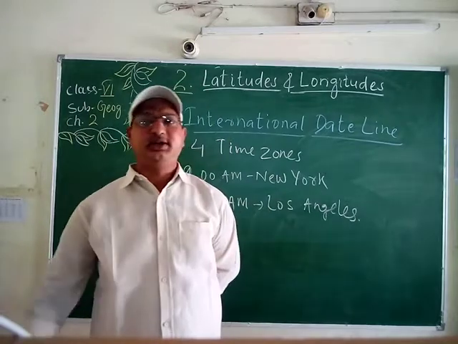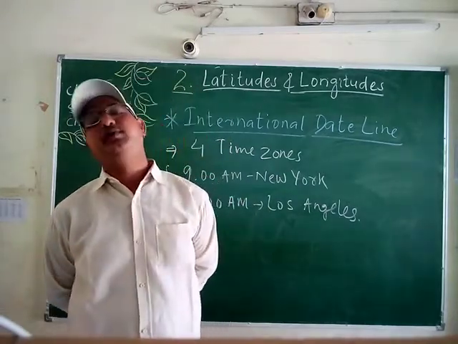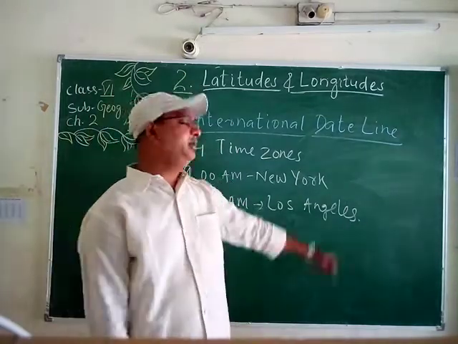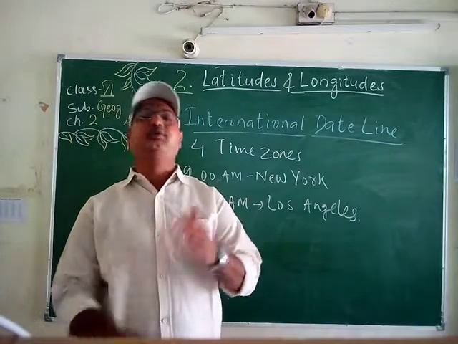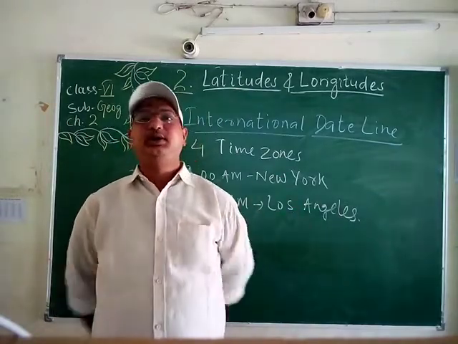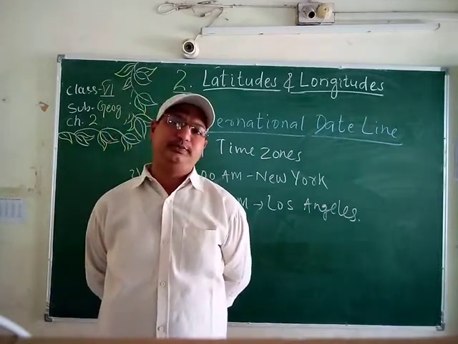Students, there are some points at the end of the chapter that I want to discuss with you. The grid formed by latitudes and longitudes helps us in locating places. As I have made a diagram, the crisscrossing of latitudes and longitudes in a particular place tells us about the place. Then we can calculate the time with the help of longitudes.